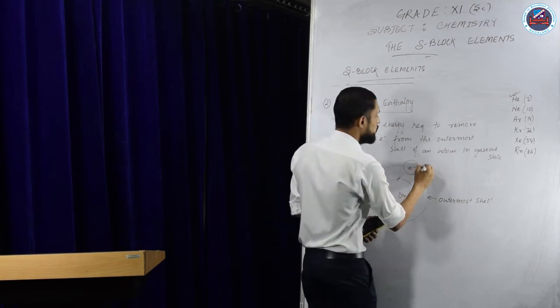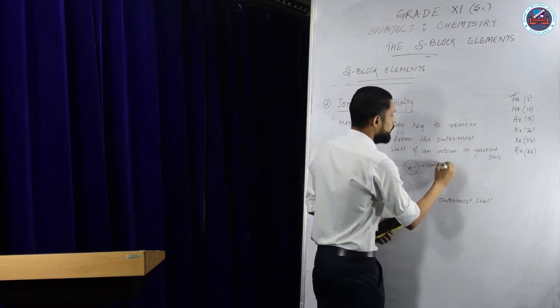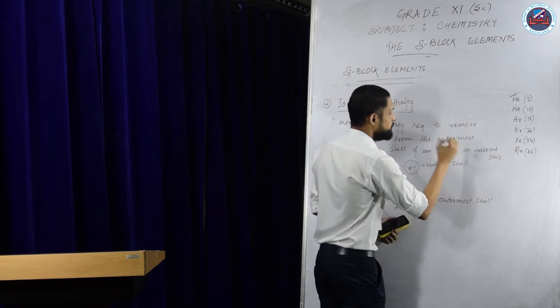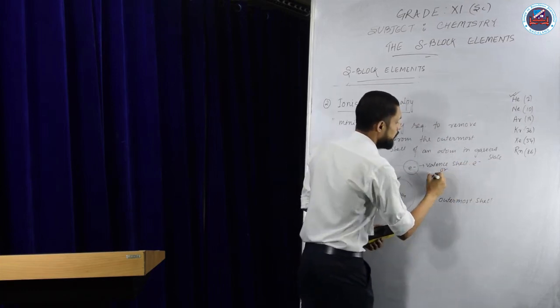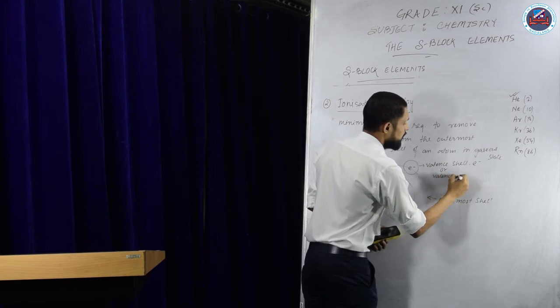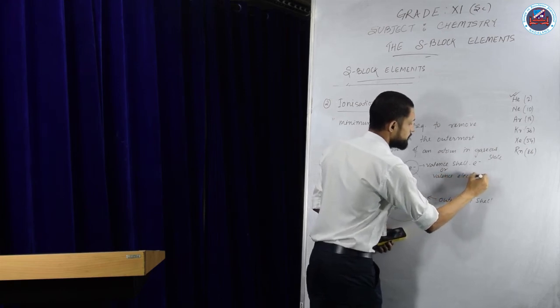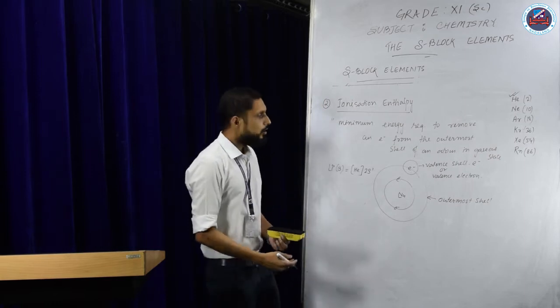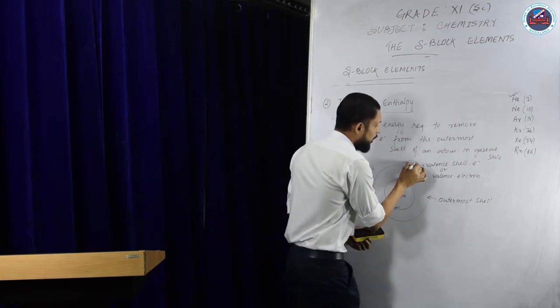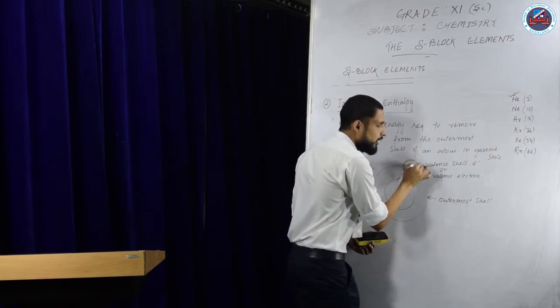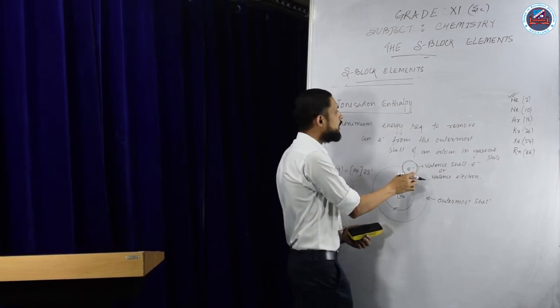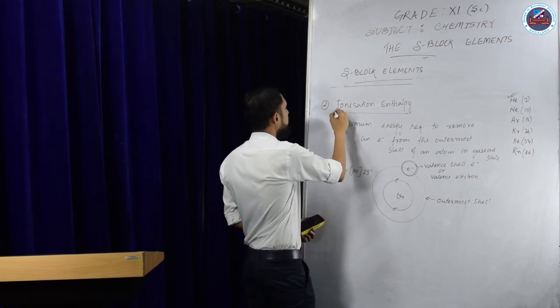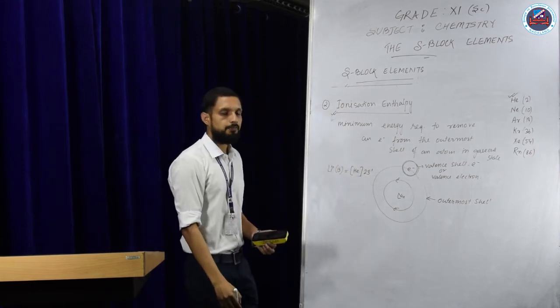This electron is also known as valence shell electron or valence electron. Now, the energy which will be required to remove this electron from the outermost shell is known as ionization energy.